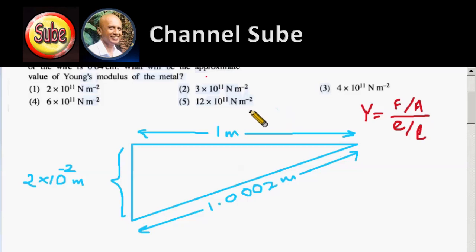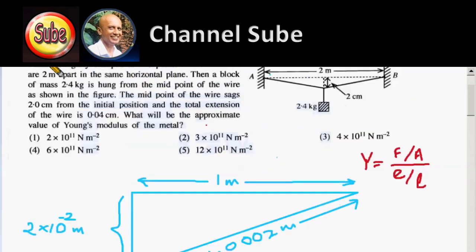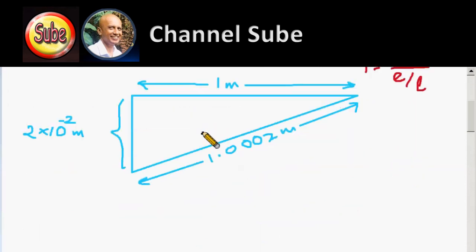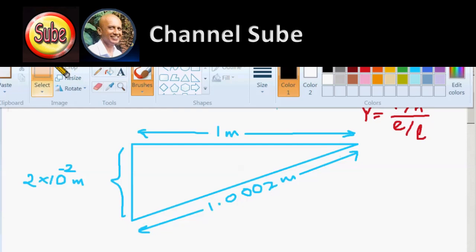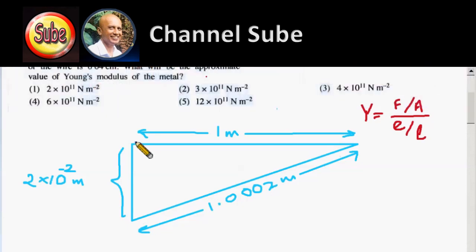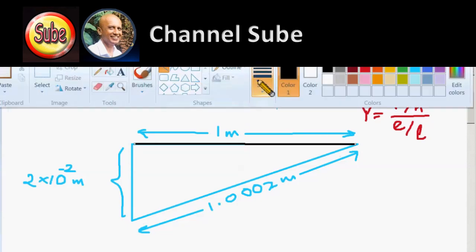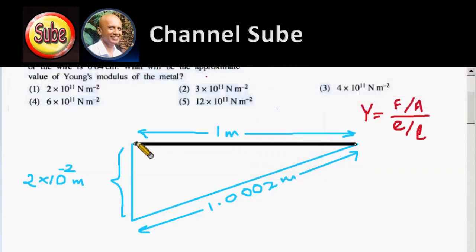F is what force? The force that was used to increase the length of this wire. So earlier this wire was like this. After the force applied, what happened?